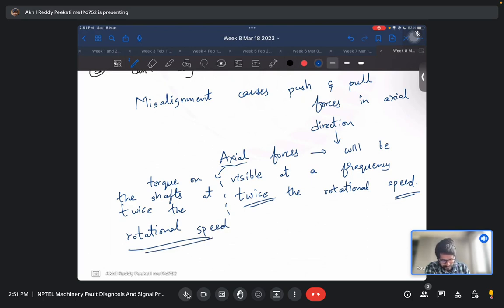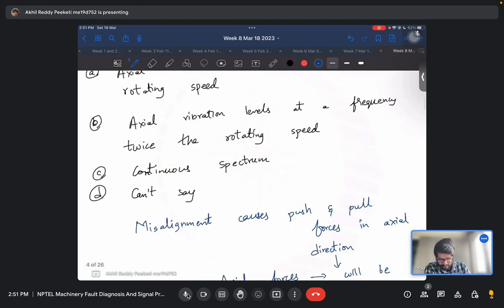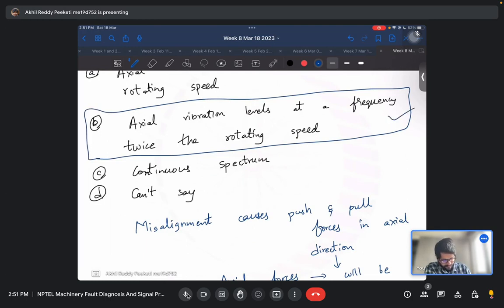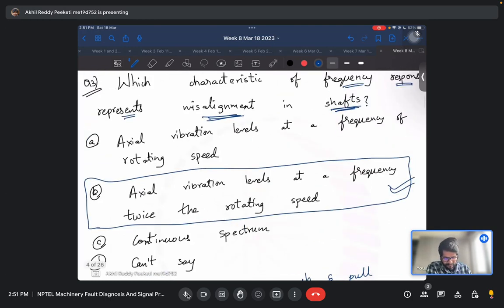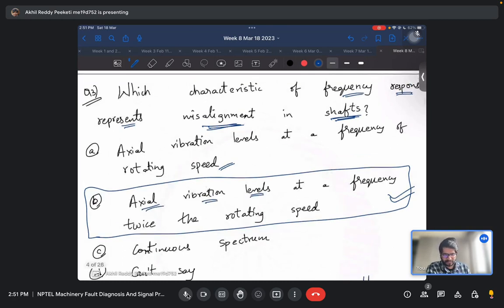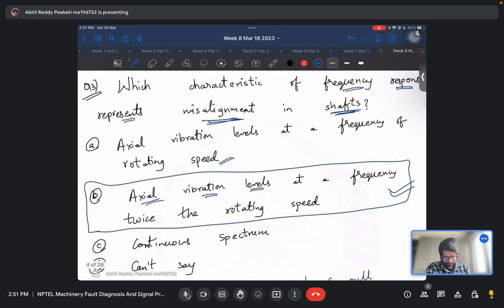Because these axial forces create torques at a frequency twice the rotational speed, in the frequency spectrum also you will see vibration levels at twice the rotational speed. When you get the FFT, you will have one characteristic peak at the rotational speed and there will be one more peak at twice the rotating speed, which is due to the axial vibration, and that is due to the misalignment in the shafts.